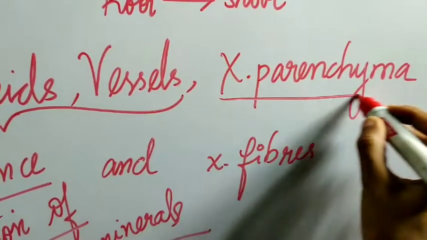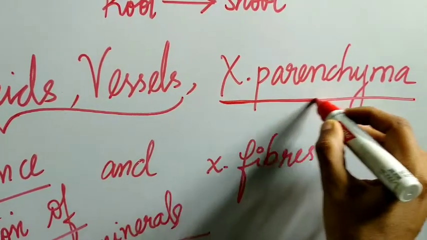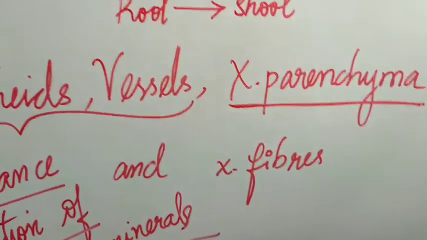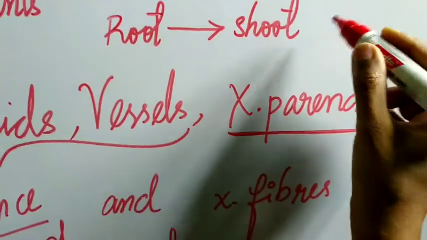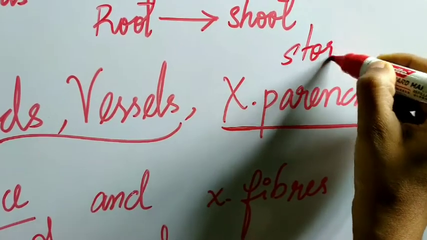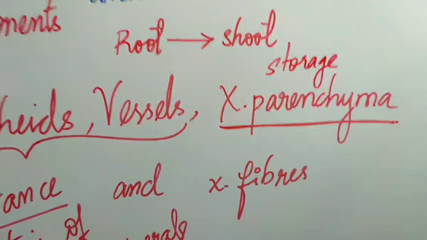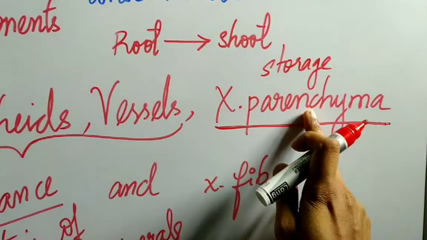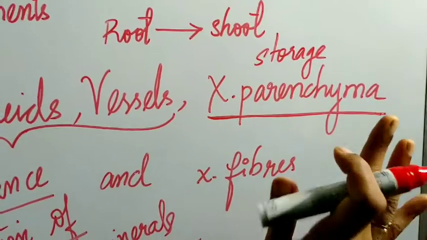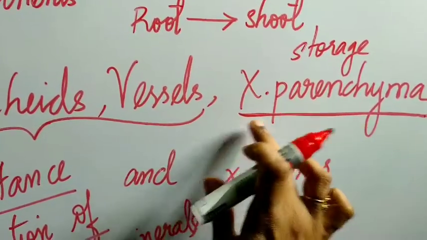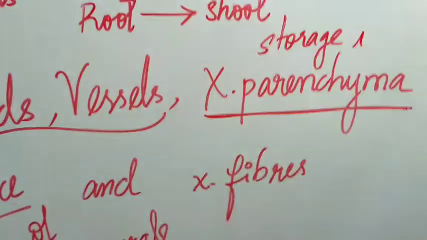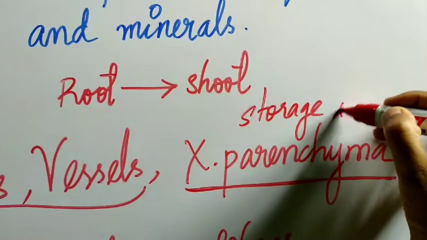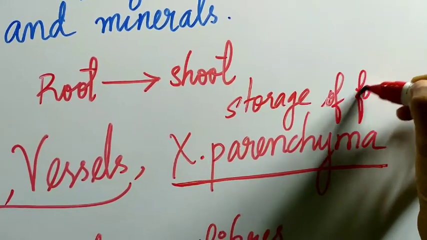Now, xylem parenchyma. Xylem parenchyma is made up of living cells, and the main function performed by xylem parenchyma is storage of food. Just like in simple permanent tissue, you learned that the function of parenchyma cells is mainly storage. Here also, xylem parenchyma has the function of storage of food.